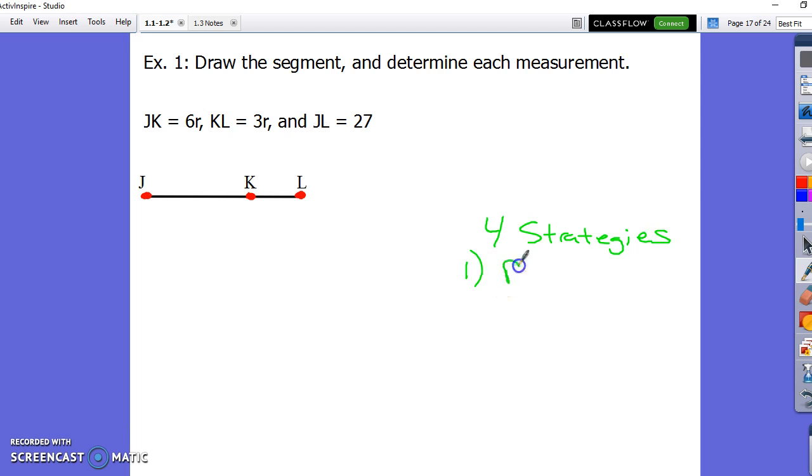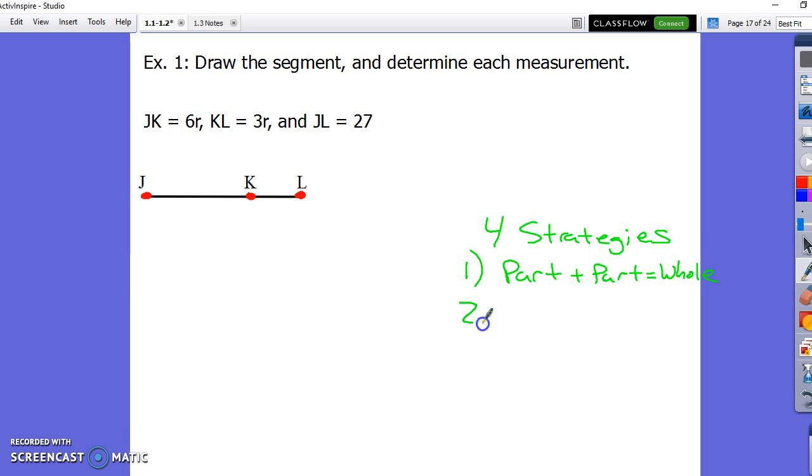Number 1, part plus part equals whole. Now that should not seem that radical to you. That should take you back to basically what, 1st grade, kindergarten? Only we're going to be making it a little more interesting. Part plus part equals whole.